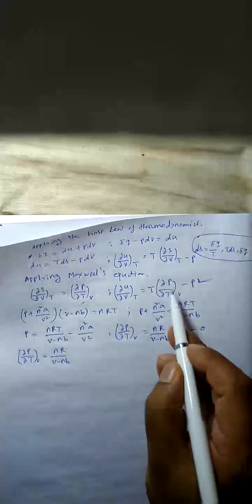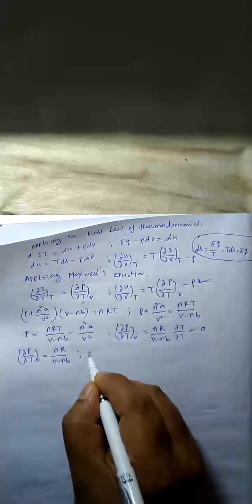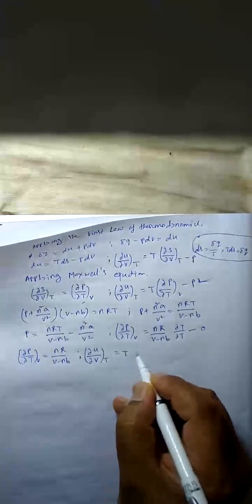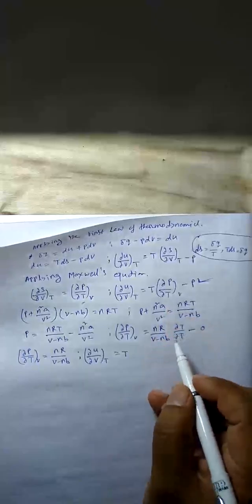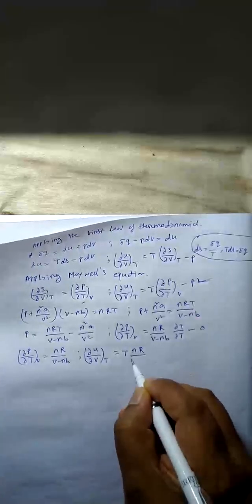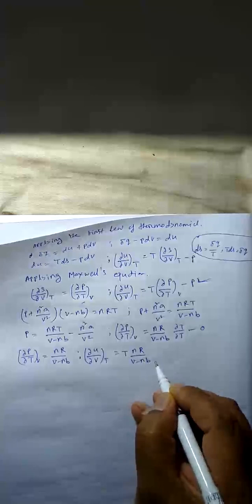Now substitute this value here. We get, what? Now (∂U/∂V) at constant T is equal to T (∂P/∂T), and (∂P/∂T) at constant volume is equal to nR divided by V minus nb.